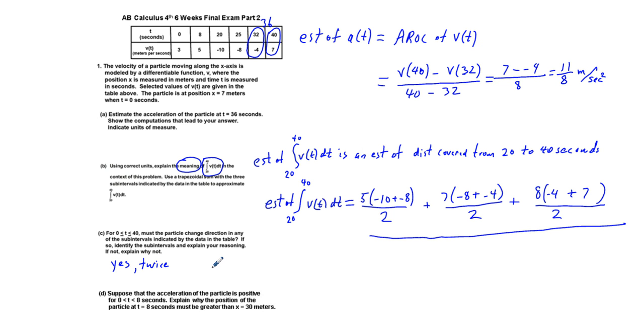And so since 0 is greater than v(20) and less than v(8), according to the IVT, the particle changed direction, or had to change direction.